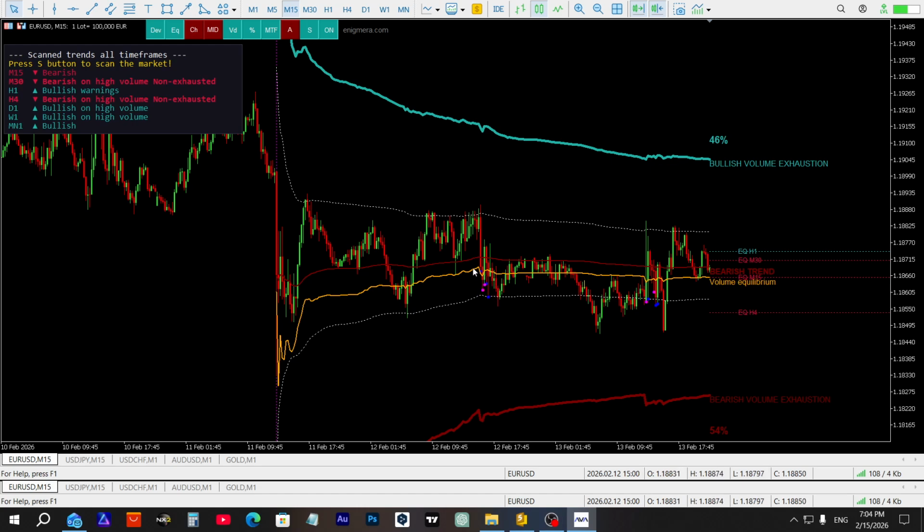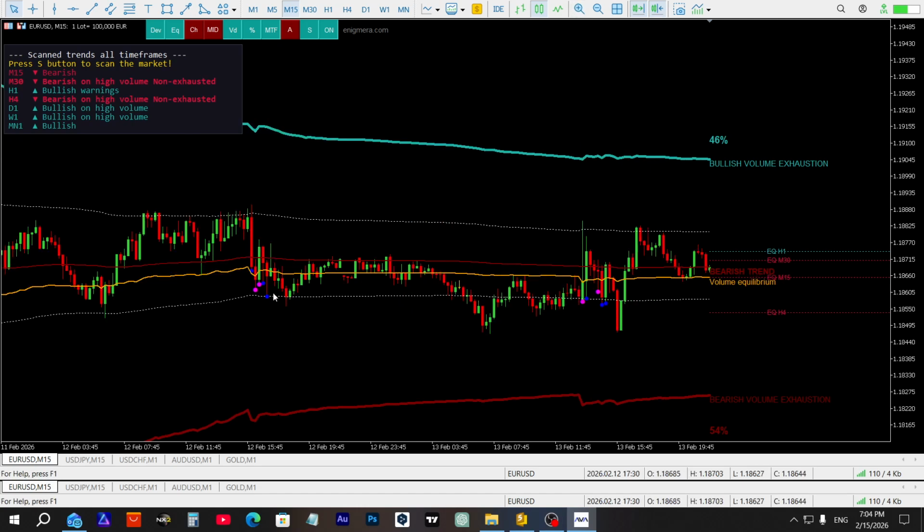This volume is on the liquidity, so it is not bearish. You can see, I zoom out and you can see that all the candles are touching the liquidity line. So this is not bearish volume nor bullish volume. It is neutral. We don't know what volume it is.